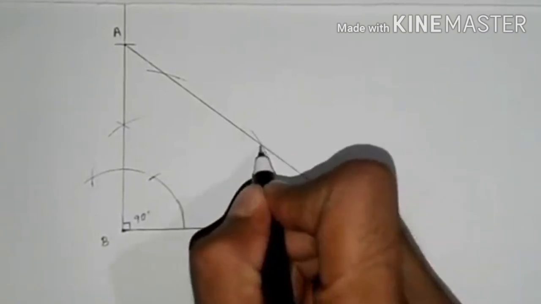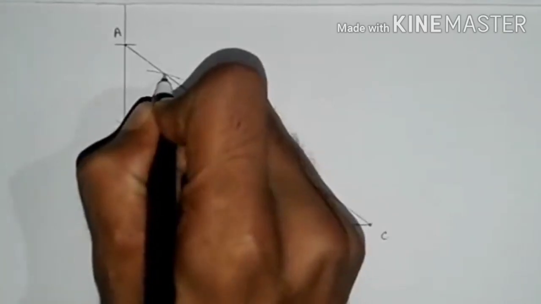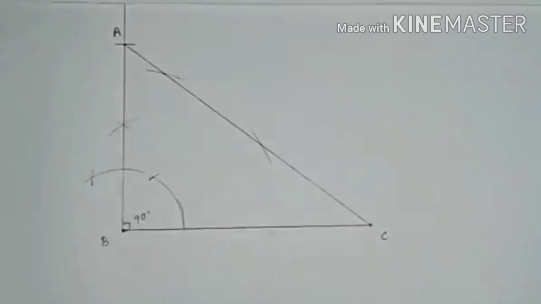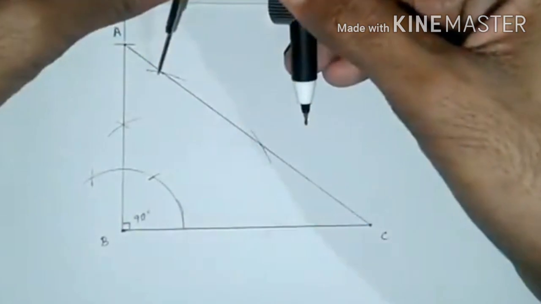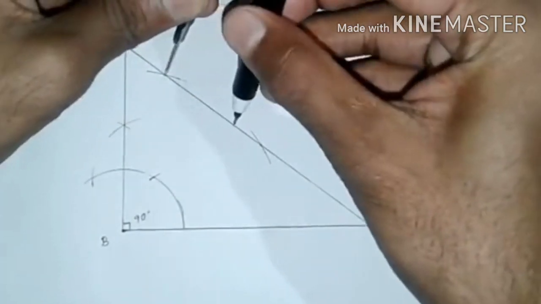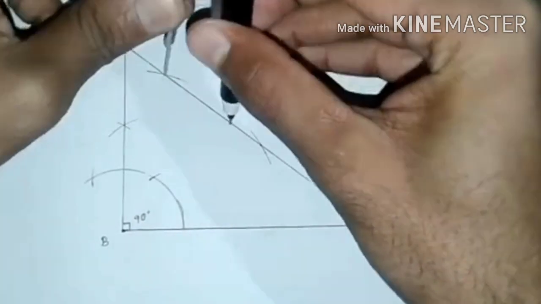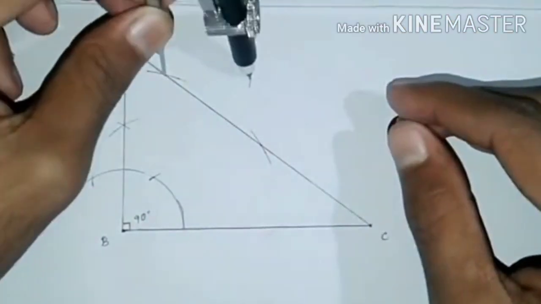And now we are going to bisect the length between the two arcs which you have drawn. For that take any convenient radius between the two arcs and draw the arcs by using your compass.